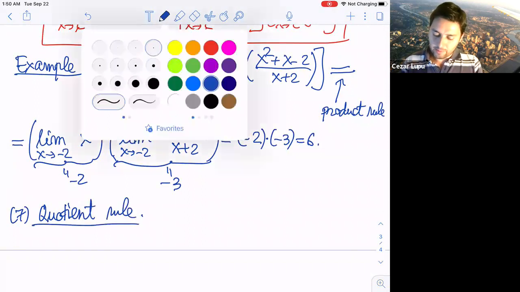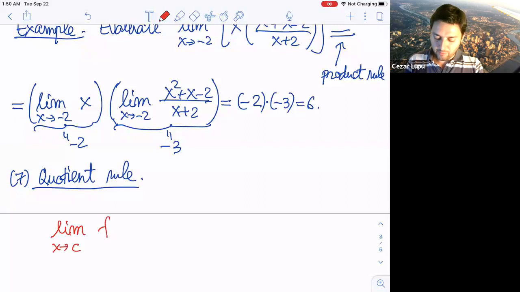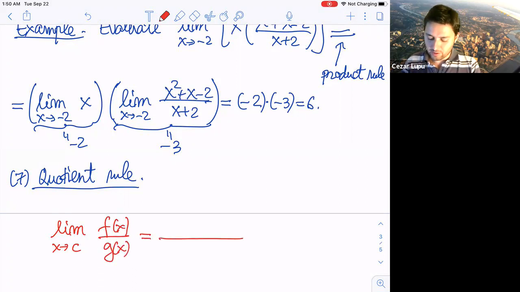It is the following. It's similar to a product, but we're going to multiply by the inverse, by 1 over g. So the limit as x approaches c of f of x over g of x will be nothing else than the limit as x approaches c of f of x over the limit as x approaches c of g of x.